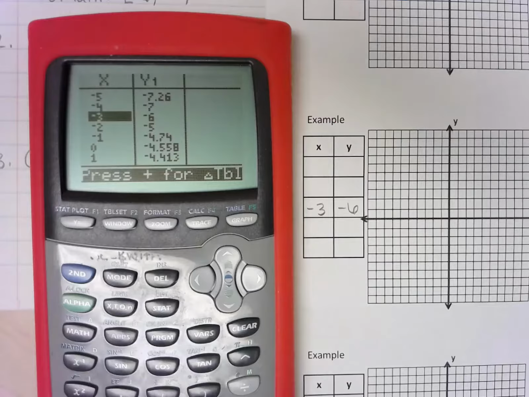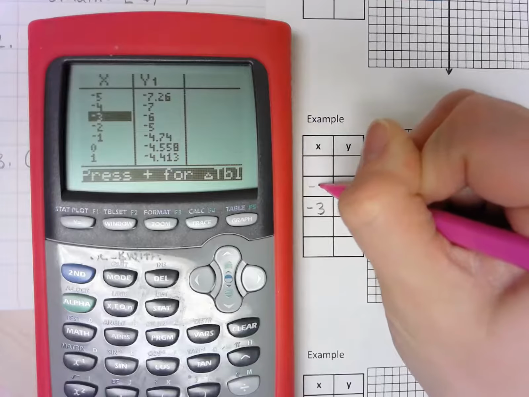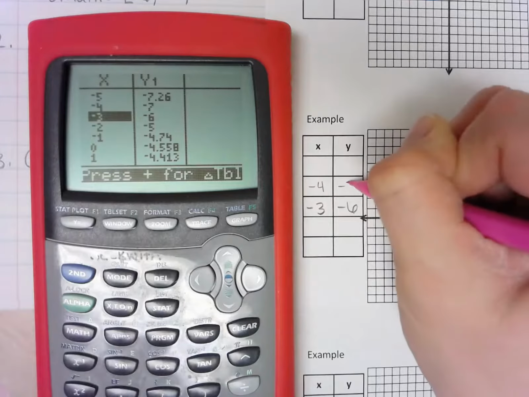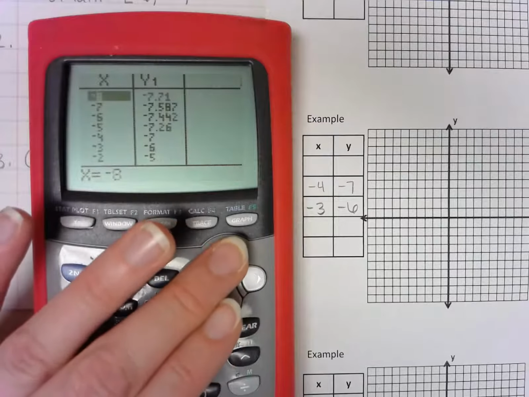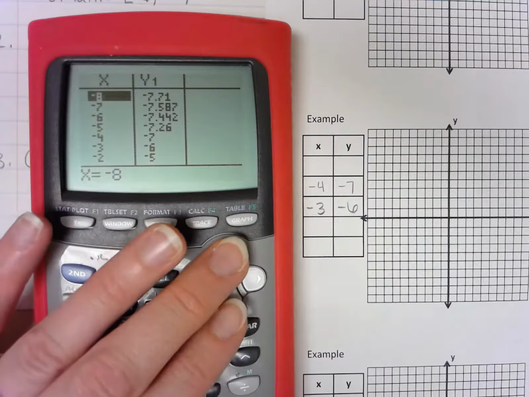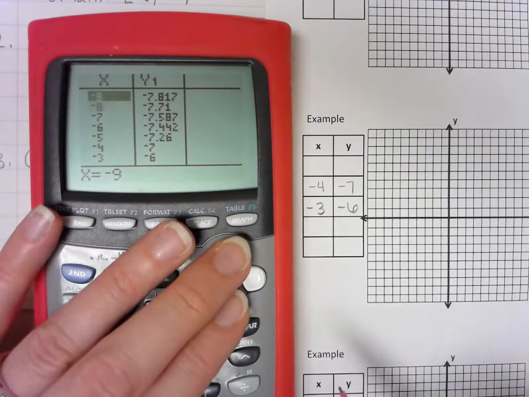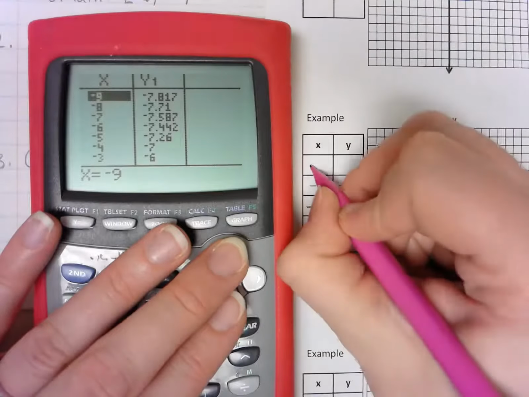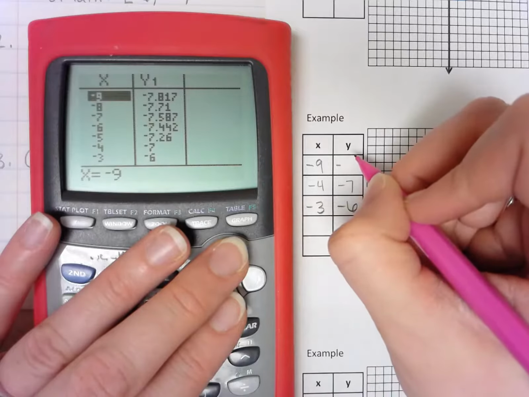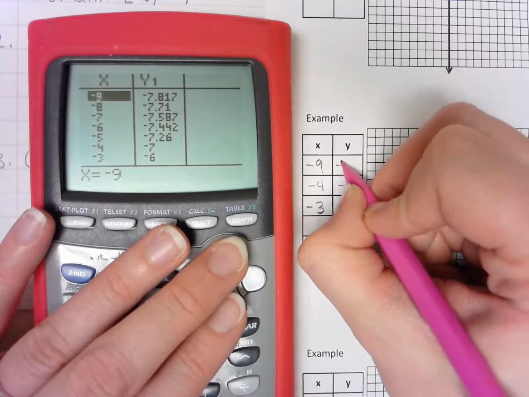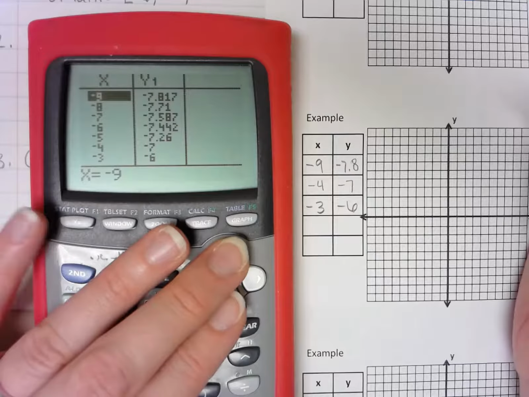So we're able to copy some points from this table. Pick at least two that are smaller than, so I'm going to pick the -4, -7 ordered pair. Then I'm going to scroll and find some other nice points that will fit on my graph. I think my graph only goes out to 10, so I guess I'm going to have to do maybe this -9, -7, well, it says 7.8. That wouldn't round just quite yet because it's got the 1 after it. -9, -7.8.